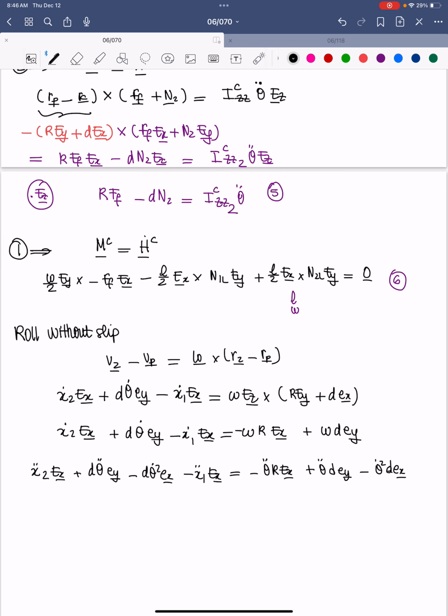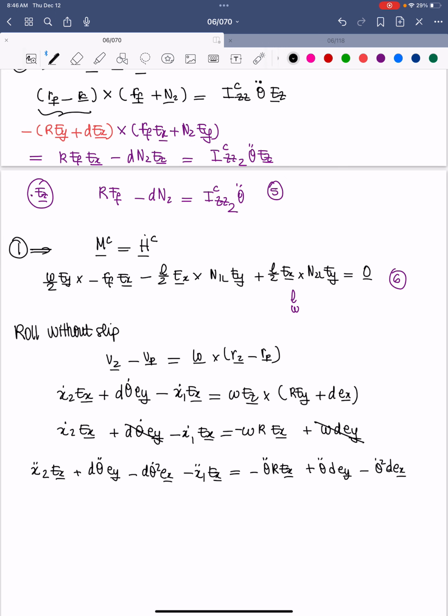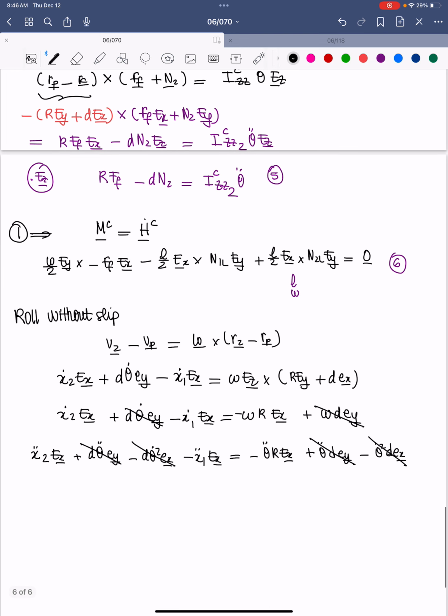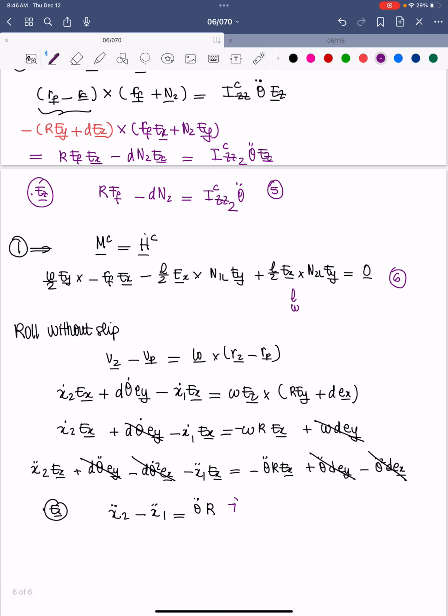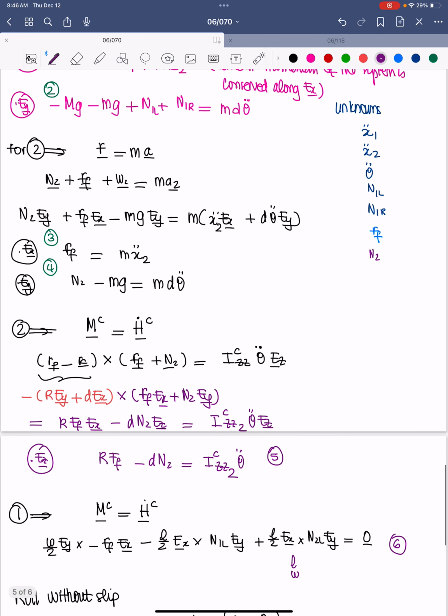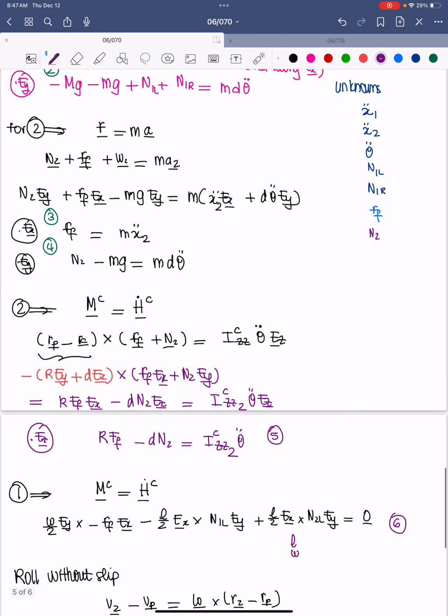Okay, so then these two terms went away, and we're left with x double dot 2 minus x double dot 1 is equal to theta double dot R. Okay, that's equation number 7. So then technically if we have L and W, we can solve 7 equations with 7 unknowns. But we don't have L and W, so we're solving fewer equations.